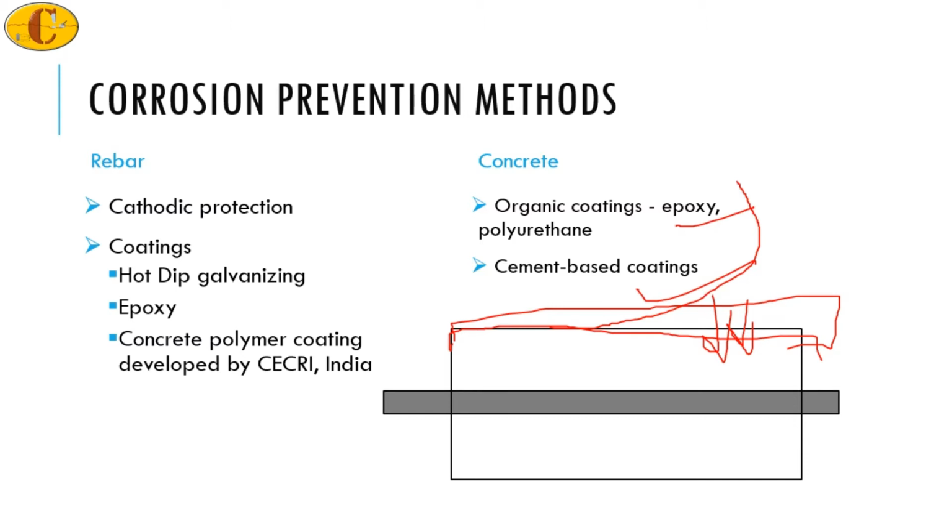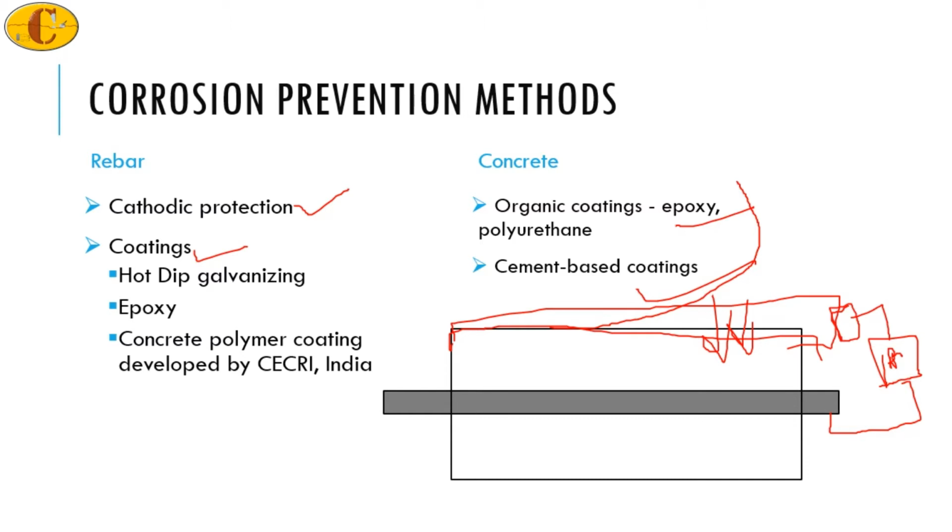so we need another protection for the rebar. There are two ways in which the rebar is protected, either by cathodic protection or by coatings. When you have cathodic protection, you basically connect the rebar to an anode through some kind of rectifier.